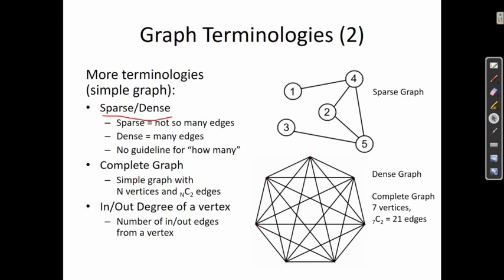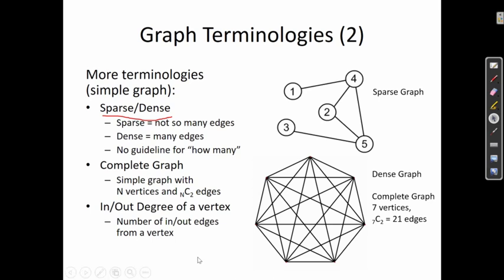The one below is actually a complete graph, where every vertex is linked to every other vertex. So if you have v vertices in a complete graph, how many edges do you have? You have v choose 2 edges, which is the maximum number of edges you can have in a simple graph.